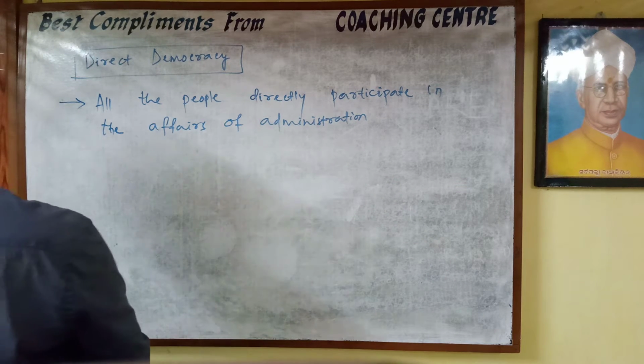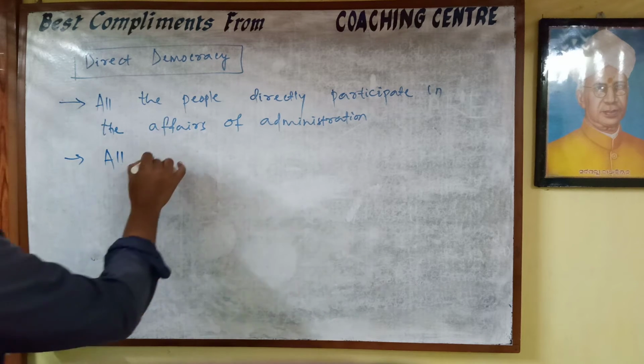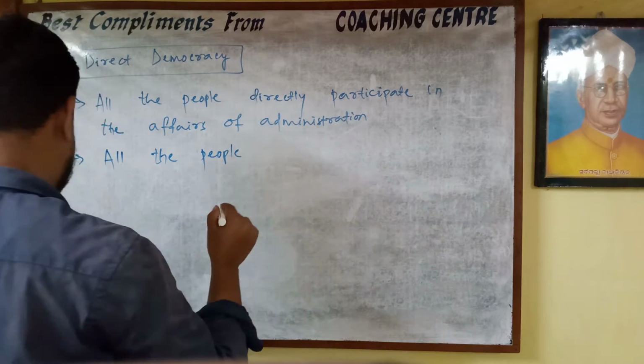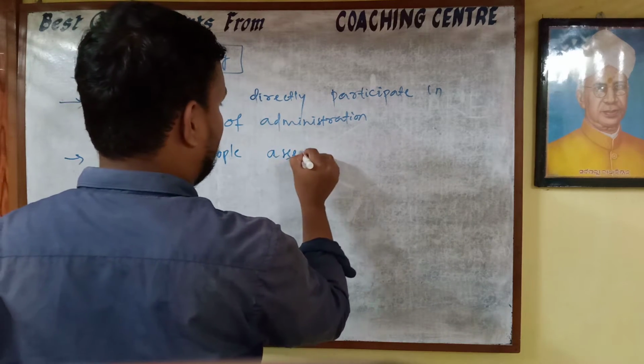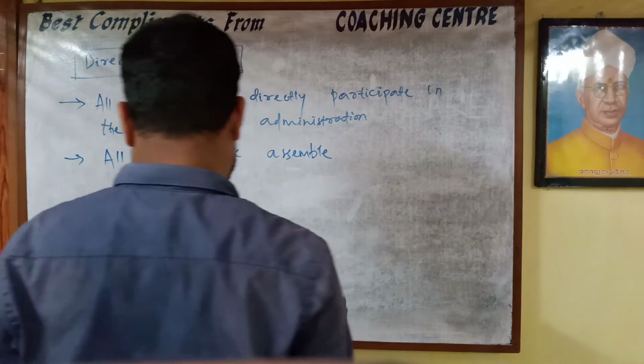Next, in case of direct democracy, all the people assemble, they come together at one place. Why will they assemble?